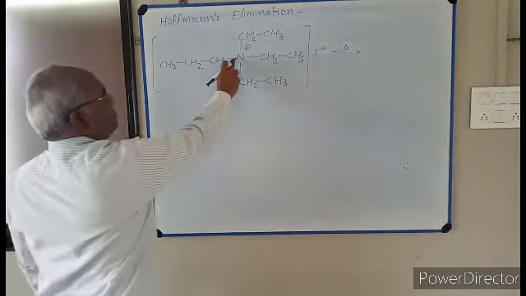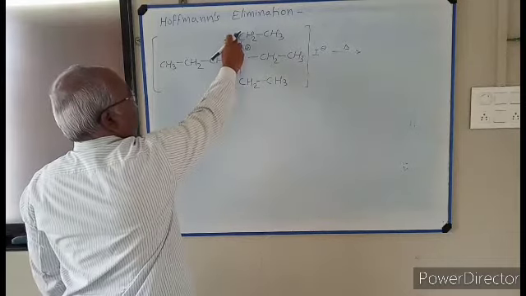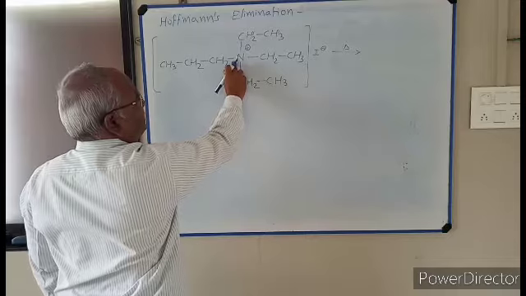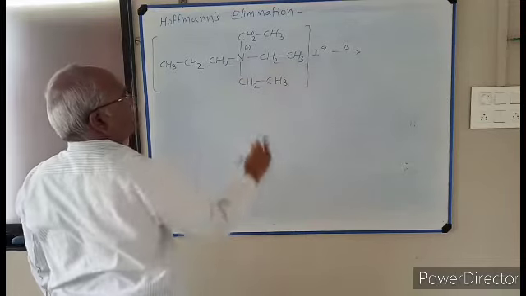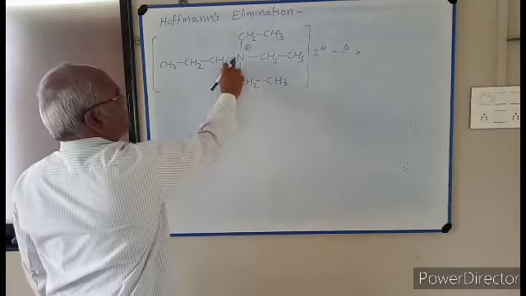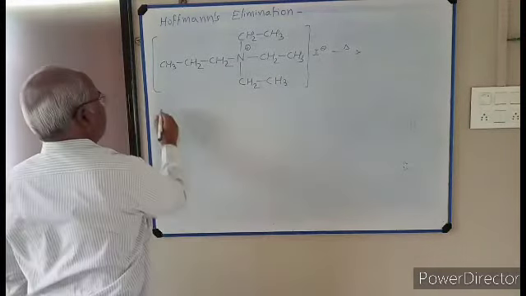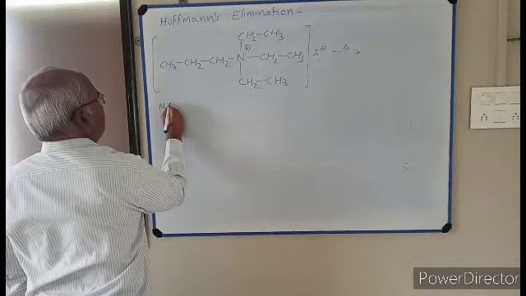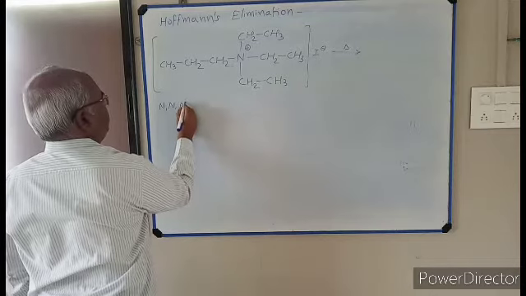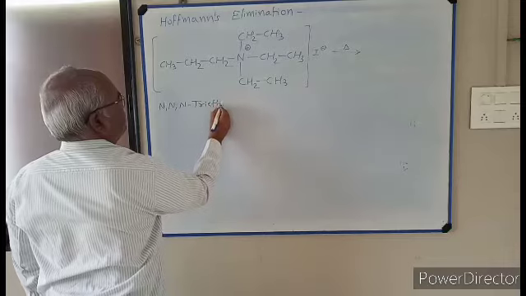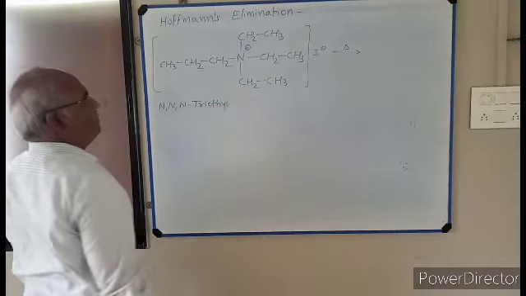To this nitrogen, ethyl group is attached. To this nitrogen, second ethyl group is attached. To this nitrogen, third ethyl group is attached. Therefore, I write N, N, N, triethyl.